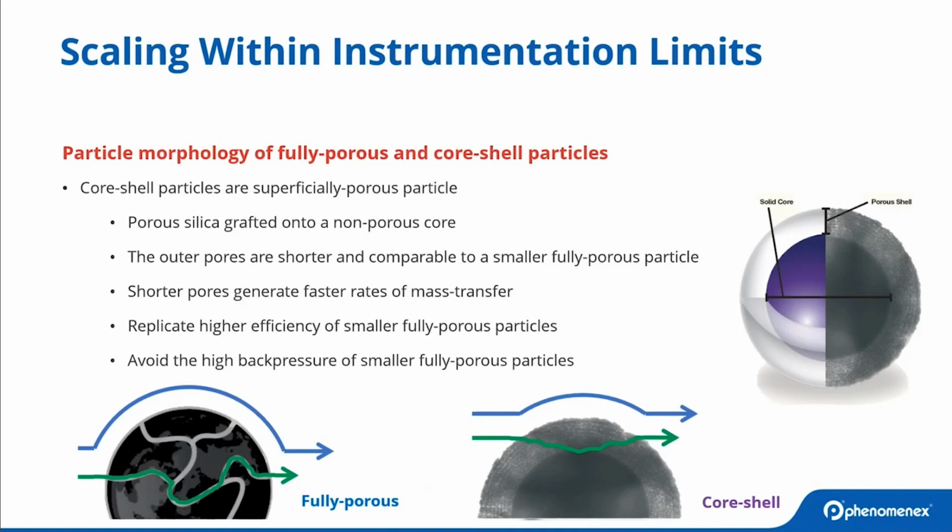Those shorter pore pathways generate faster rates of mass transfer so as to ultimately generate sharper peaks. And yet we accomplish this without having to resort to smaller particles, thus preventing any increases in back pressure.